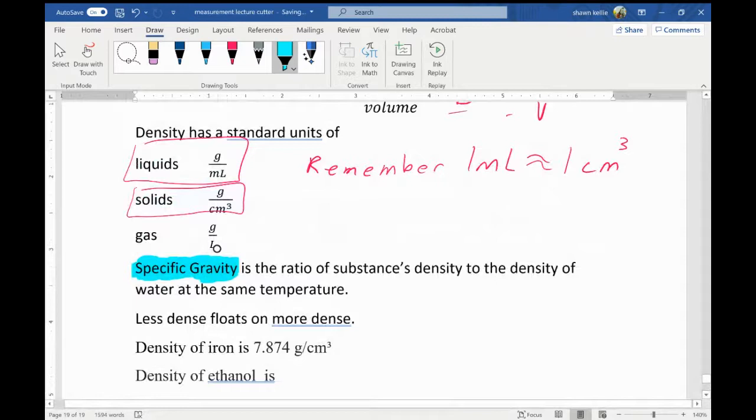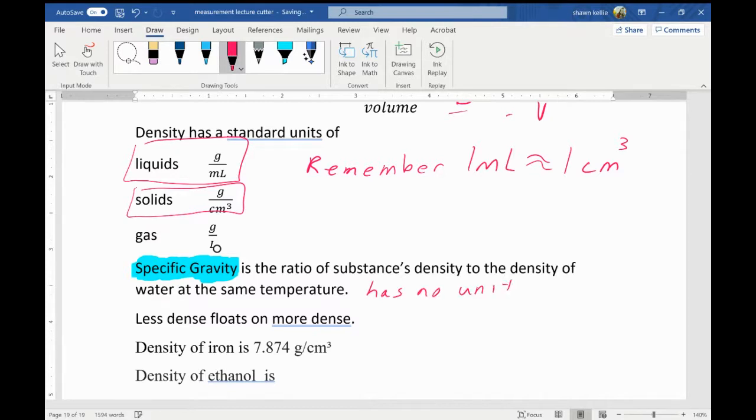And specific gravity frees the concept of density from temperature and pressure considerations by taking the ratio of a substance's density to the density of water at the same temperature. Specific gravity has no units.